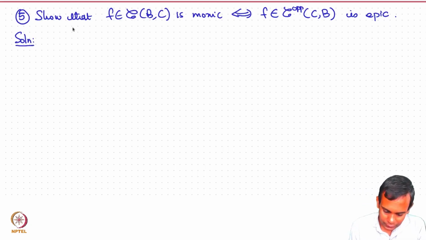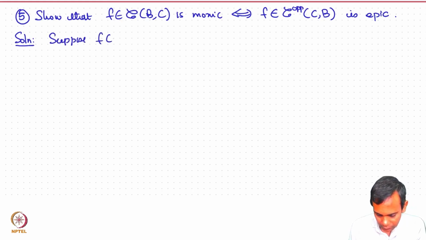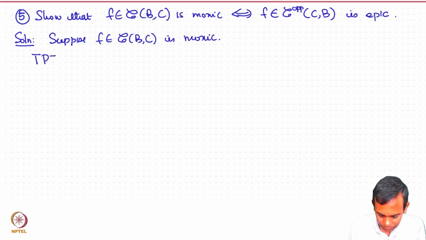So let's just prove, firstly, suppose F is monic. And I want to prove that this is epic.